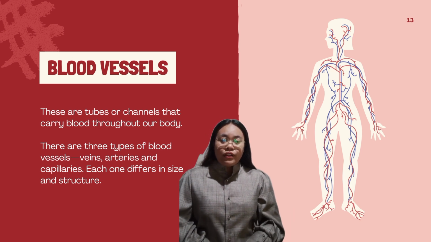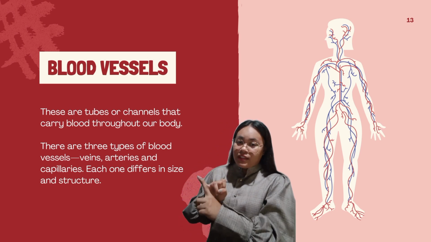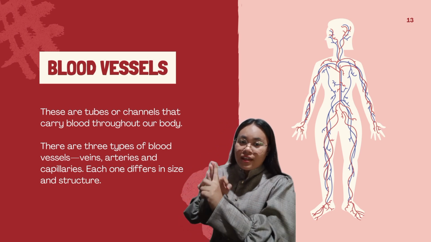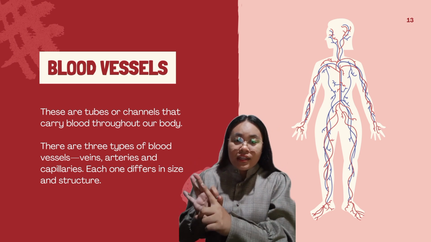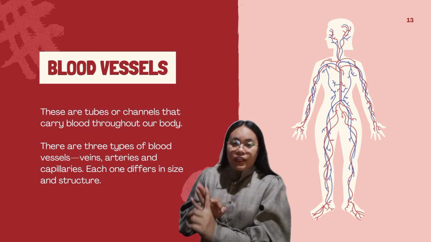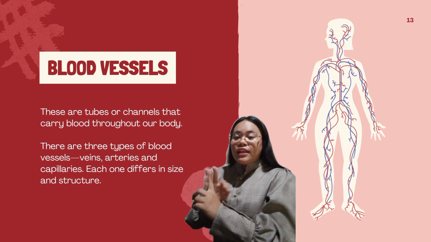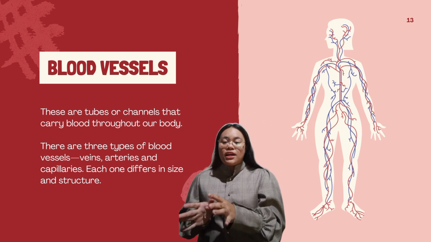There are 3 types of blood vessels: arteries, veins, and capillaries. Each one has a different size and structure. We will discuss them later.